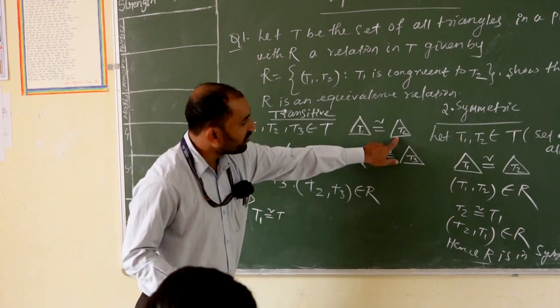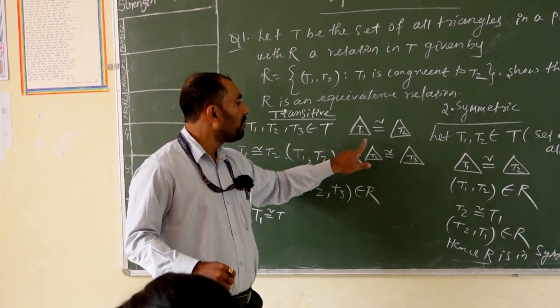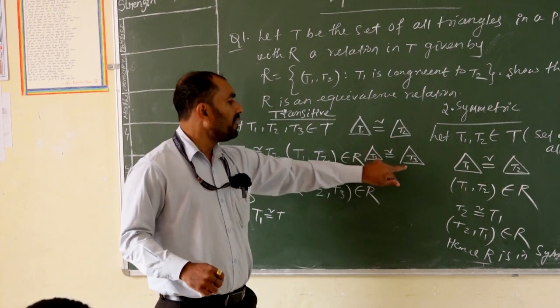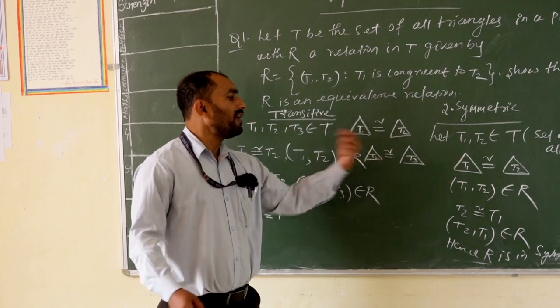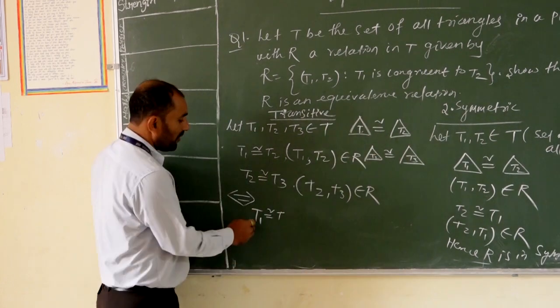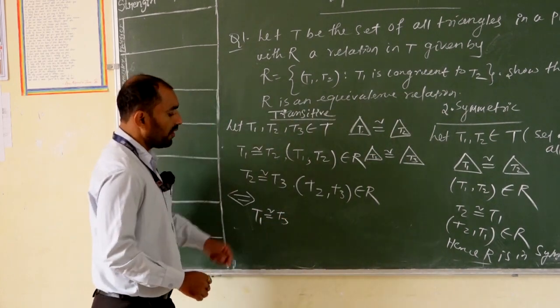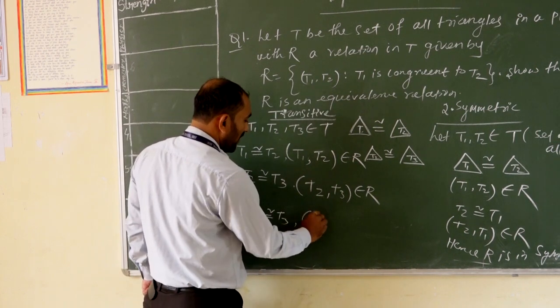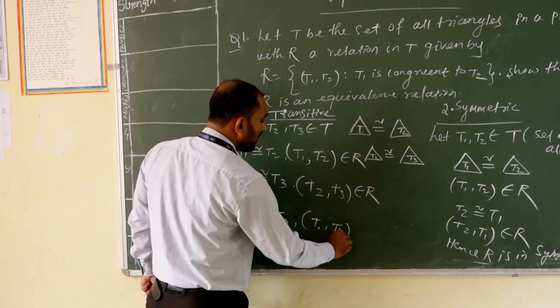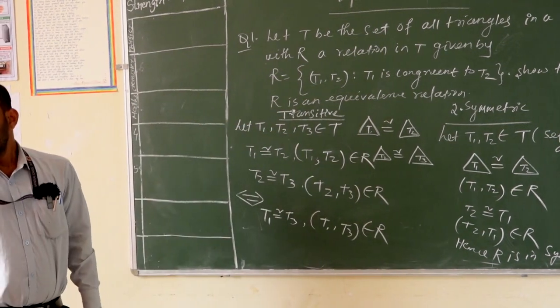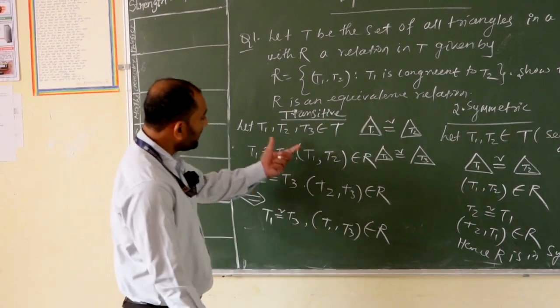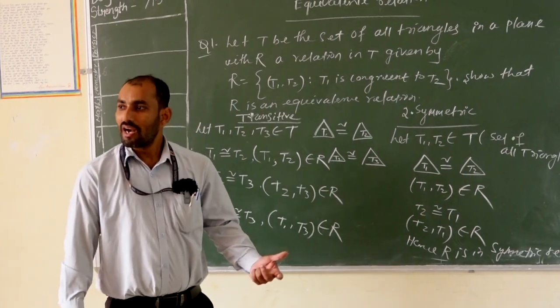As T1 is congruent to T2, ये दोनों बराबर हो गए ट्रायंगल, T2 is congruent to T3, T2 T3 के बराबर है. Then definitely T1 is congruent to T3. That means T1, T3 belongs to R. Now it will satisfy the condition of transitive.